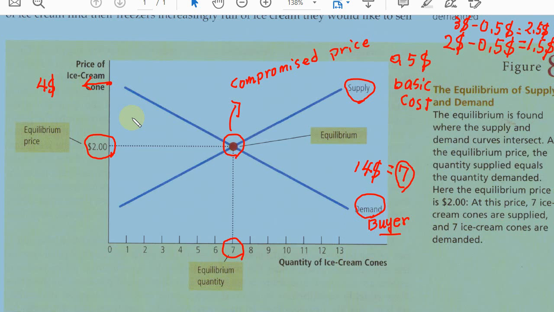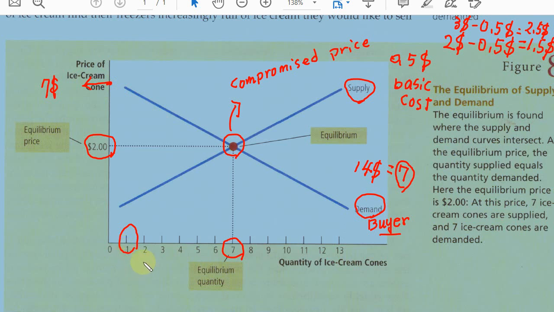Up to maybe $7, then this is one unit at $7. Then the ice cream he can buy is only one ice cream, right?